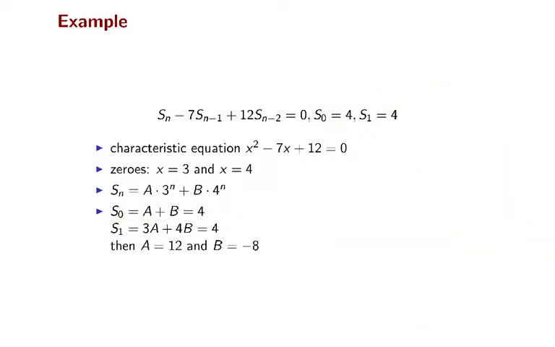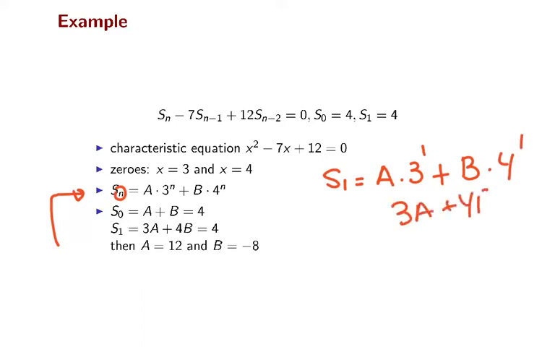We do the same with the initial condition S1. So we can calculate S1 here by plugging in here a 1. So that will be S1 equals A times 3 to the power 1 plus B times 4 to the power 1. So that means 3 to the 1 is 3, so this is 3a plus 4b.